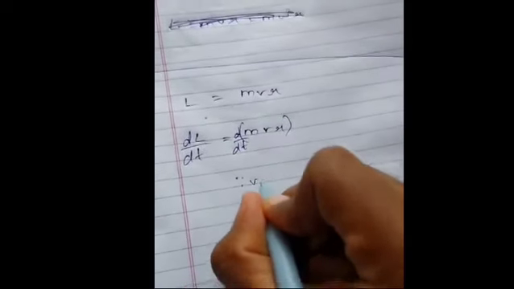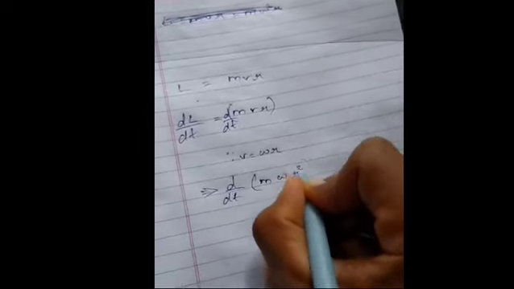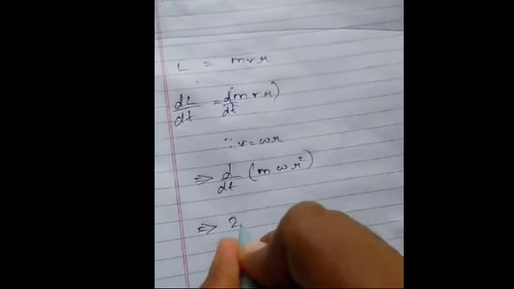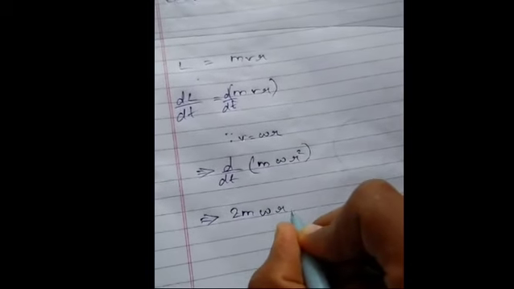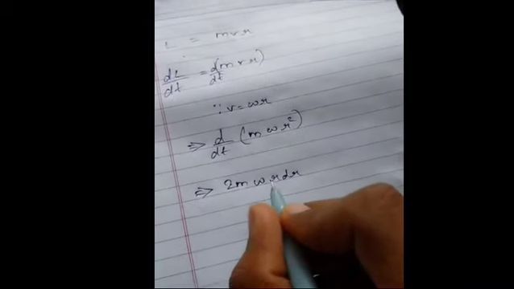We know that v can be written as omega into r. So here becomes d by dt of m omega r square. Now on differentiation we get 2m omega r dr. So now let's get back to the diagram.